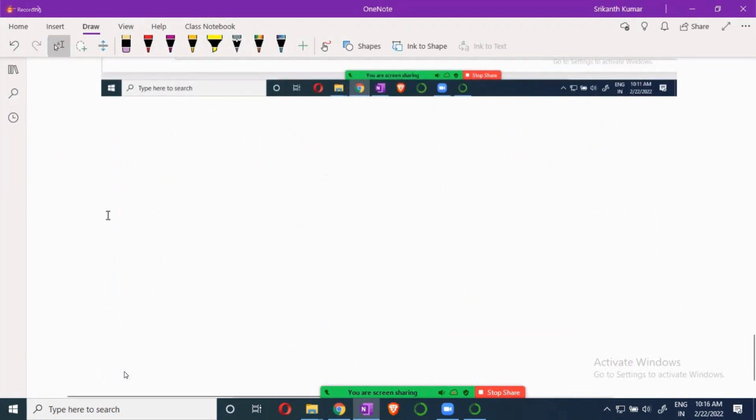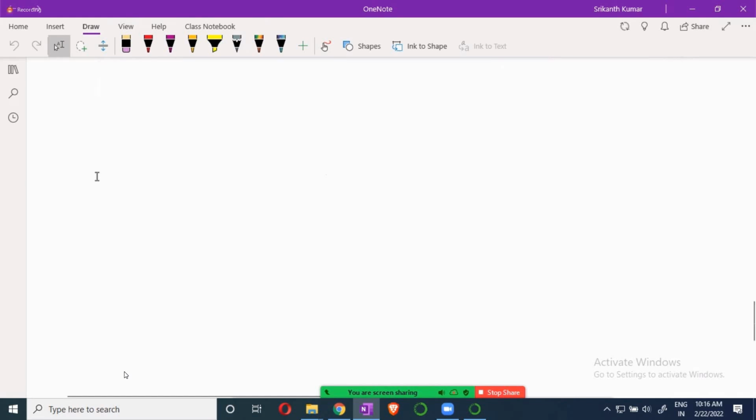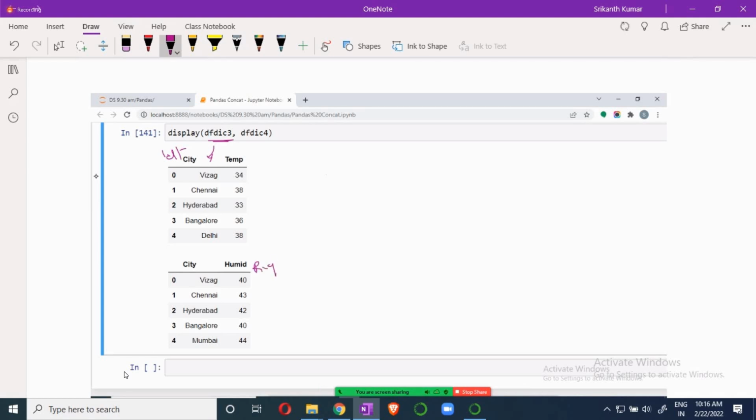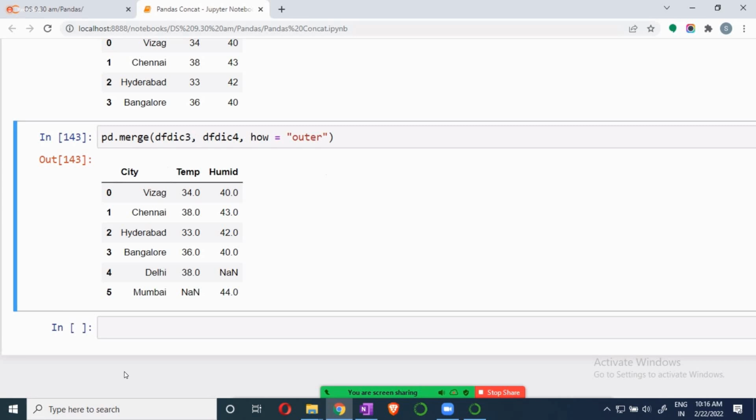There is one more called left. If I keep it as left, now this one is my left side. You see this? This is my left side, and this I'm taking as the right side. Here you check it out. In this, which is the left side?